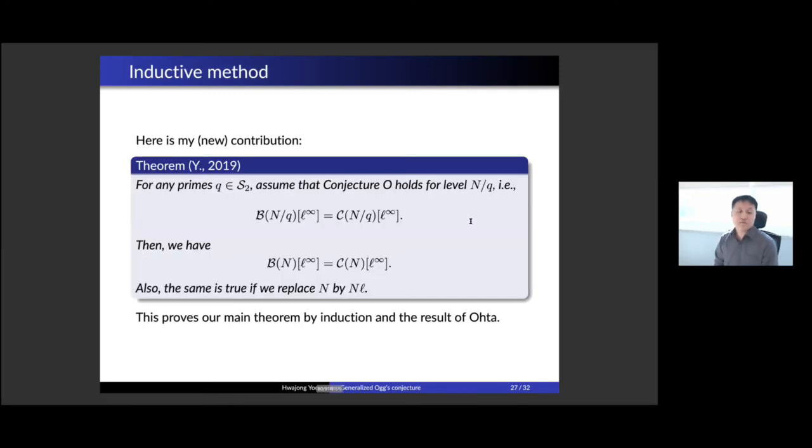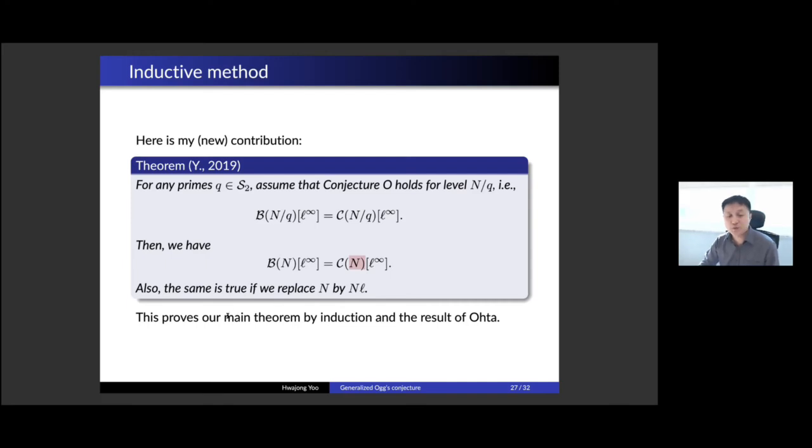So here is my new contribution. For any prime Q in S_2, which means Q squared divides the level, assume that the conjecture holds for lower level. So this is like level lowering. And if this one is true, then we have this one. The same is true if you replace n by n times l.